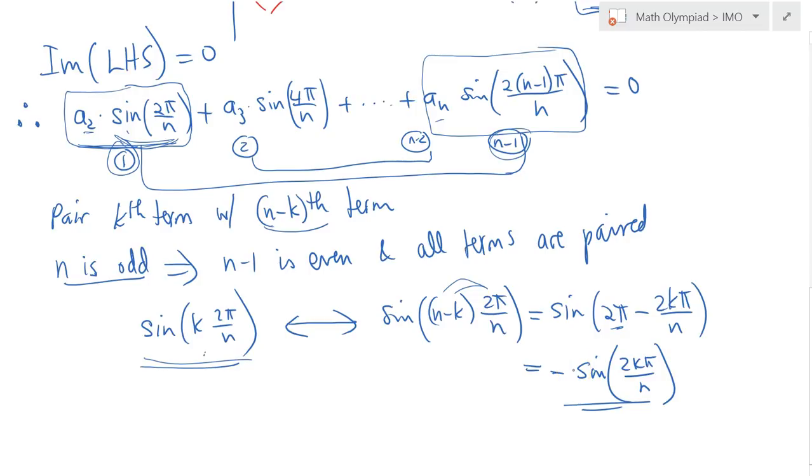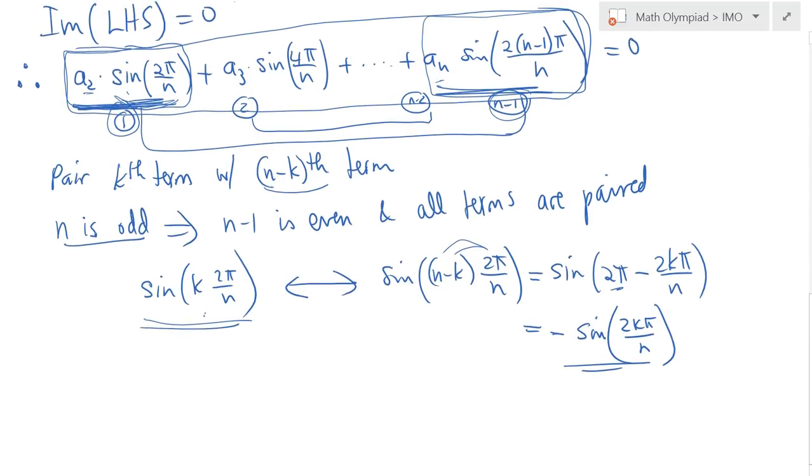So therefore, when I rearrange this expression here, I'm going to rewrite it by pairing these terms. I have this term paired up with this, and it will look like A2. Let's call it star. So star is equivalent to what?